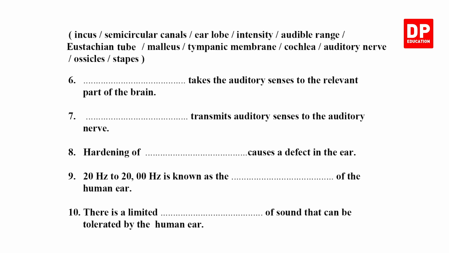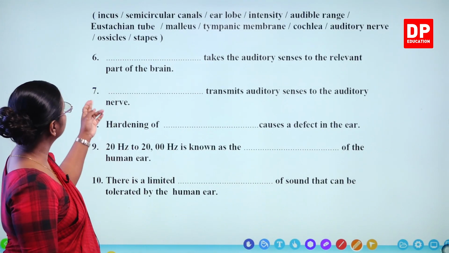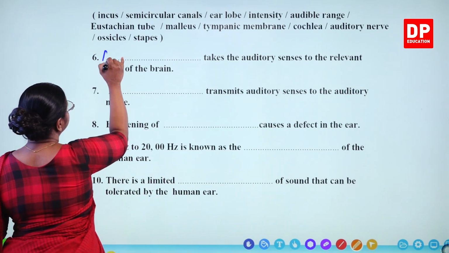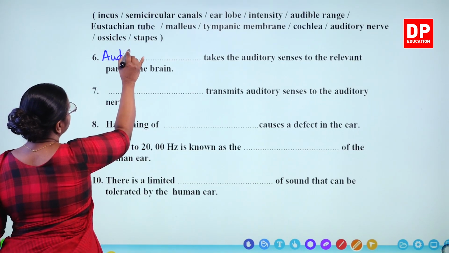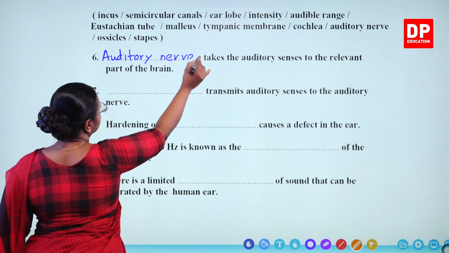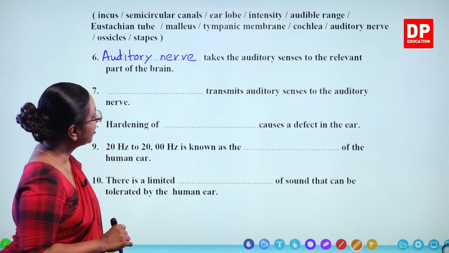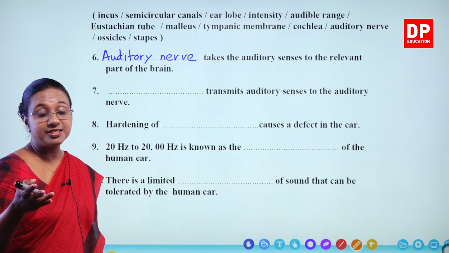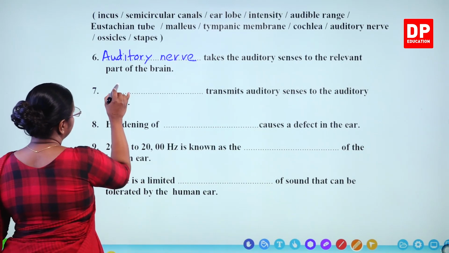The sixth one takes the auditory senses to the relevant part of the brain, that is the auditory nerve. Then the next one, transmit auditory senses to the auditory nerve. What transmits auditory senses? The cochlea.